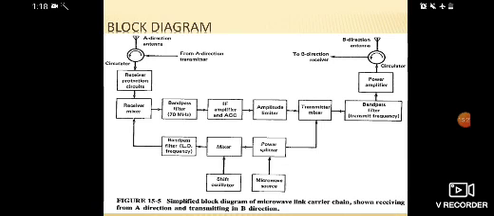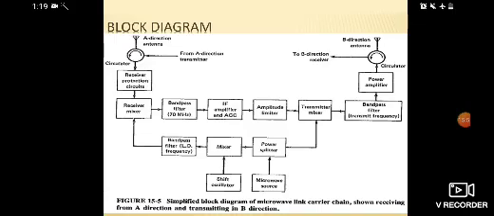The transmitted frequency is passed through a band pass filter to avoid the harmonics and noise. And after that, the band pass filter allows only the transmitted signals towards the power amplifier. The power amplifier increases the power level of our signal, and that is given to the antenna.